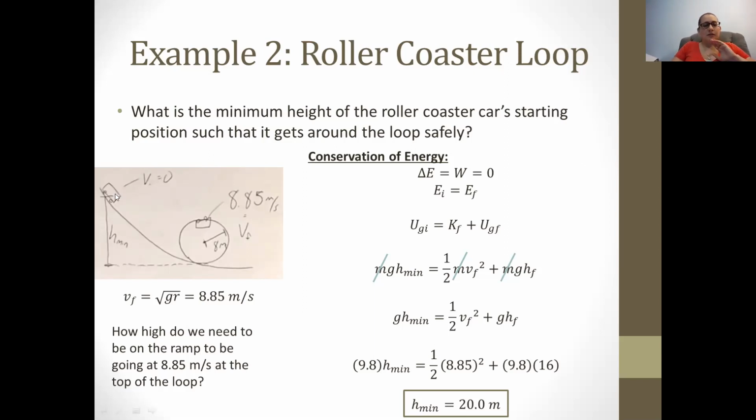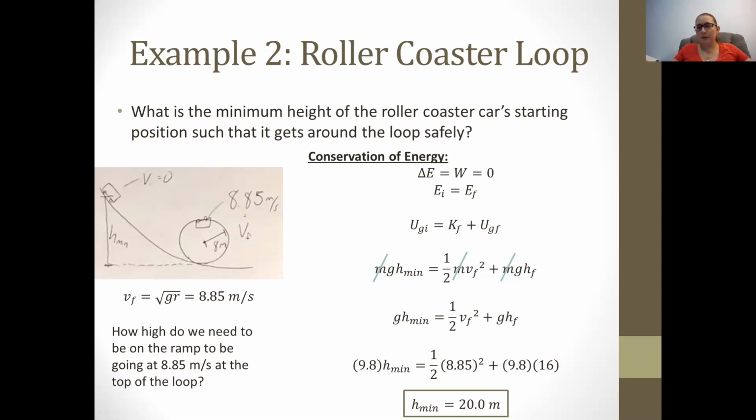Initially, this car is at rest, and we can see that from our picture. So there's no kinetic energy at the beginning, just gravitational potential energy. At the top of the loop, though, it is moving, and it is above the ground, our reference point. So it has both kinetic and gravitational potential energy.